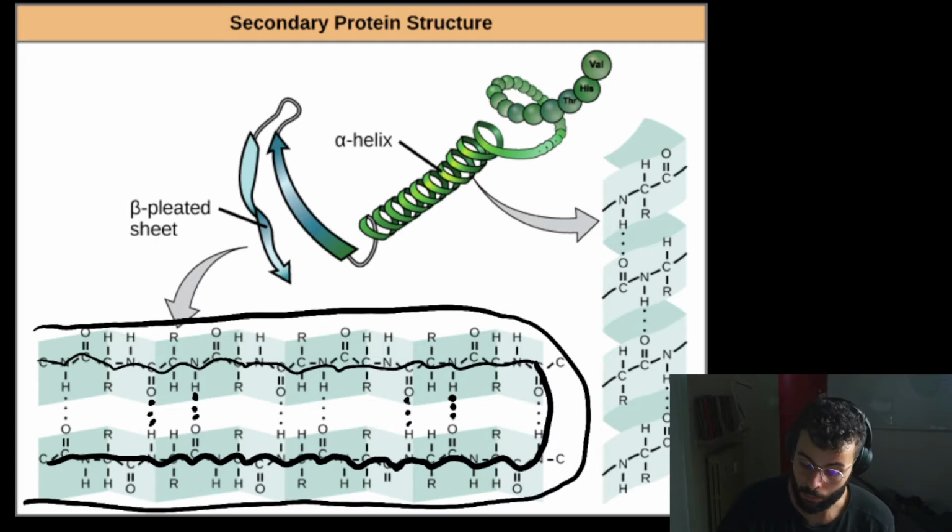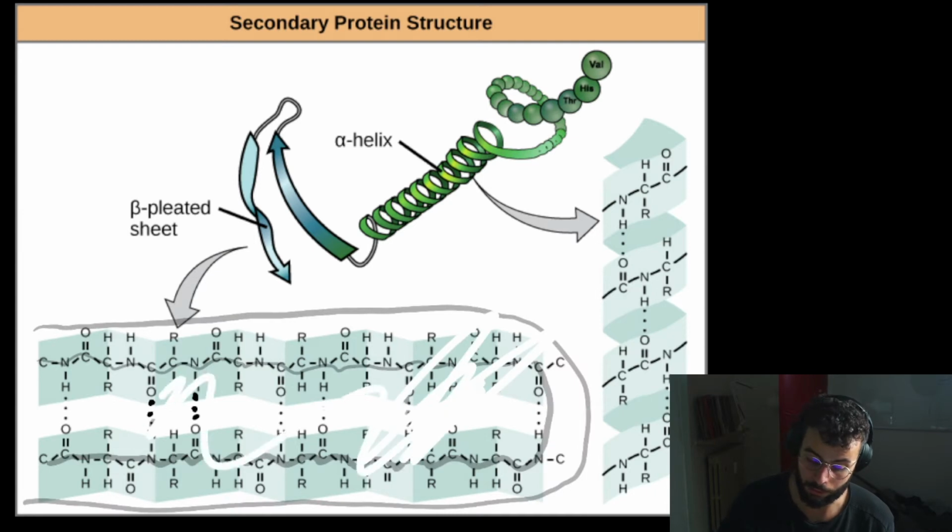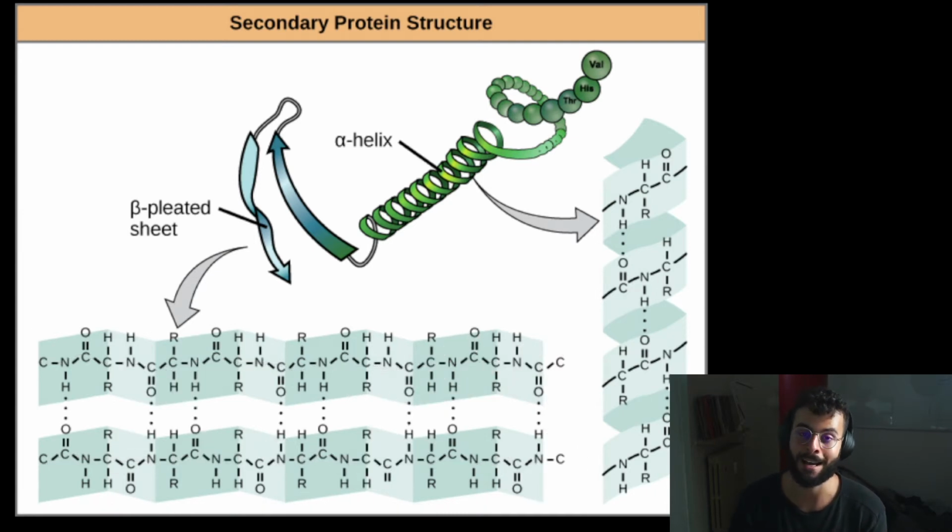The other way that it can fold is called the secondary alpha helix protein structure. Alpha helix protein structure is when the primary structure creates this helix.